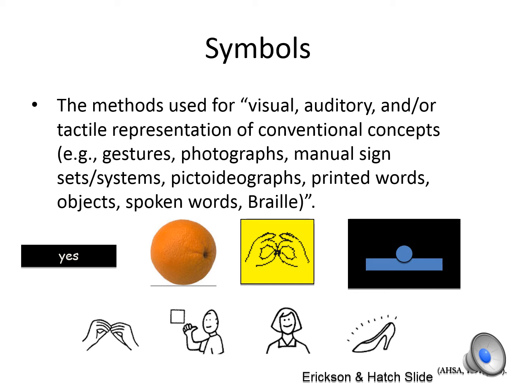So we could use, like the orange, real photographs of objects. Sometimes if a child has learned some sign language, we might try to use a picture of the sign itself, and that is, as I talked about earlier, somewhat problematic because it's difficult to represent signs in a picture form.